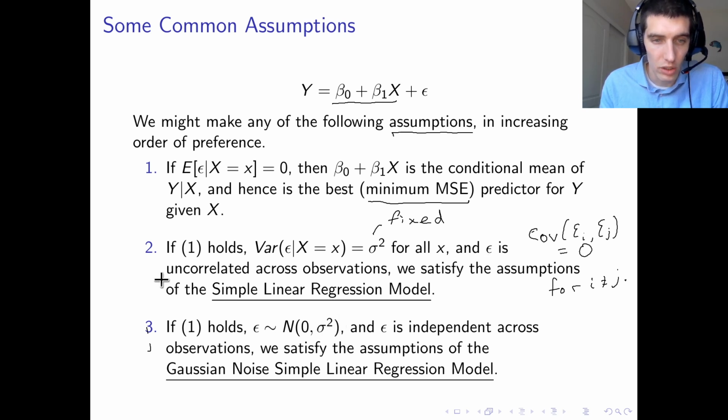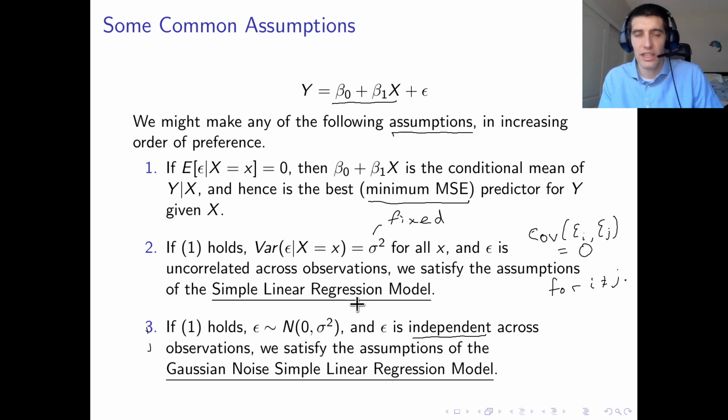So instead of epsilon just being uncorrelated across observations, we assume that epsilon is independent across observations. Remember from the miscellaneous facts lecture that covariance 0 implies independence only in the case of normal random variables.